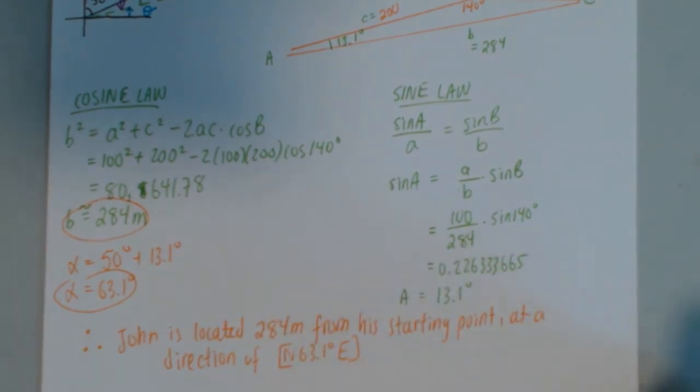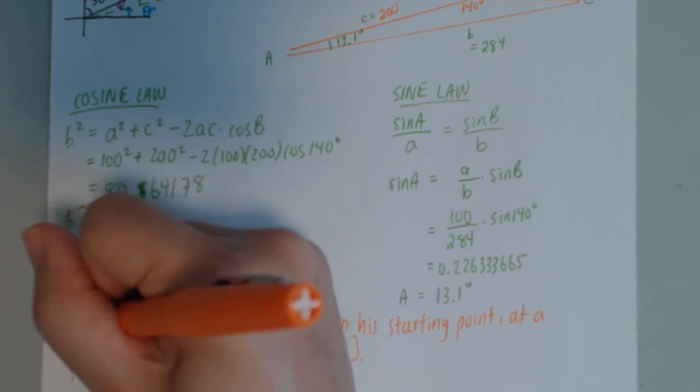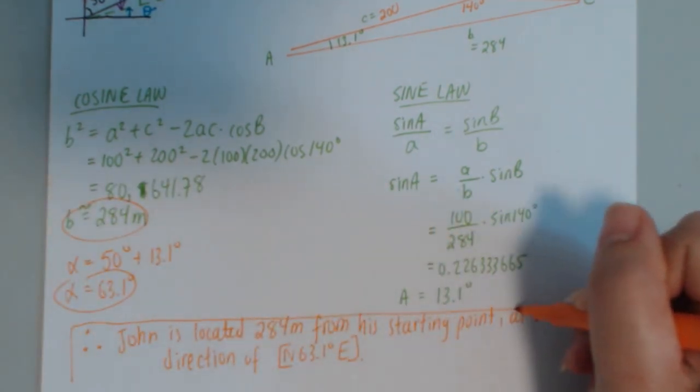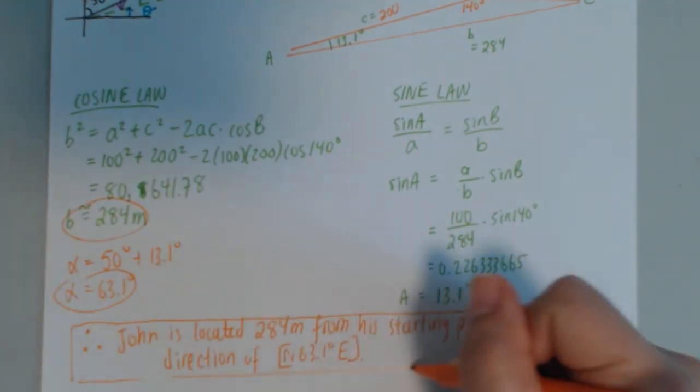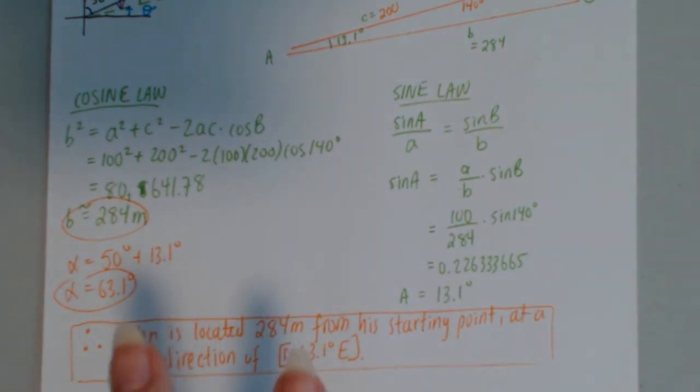If the question tells you you have to put it to one decimal place or it's specific about how precise your answer should be, follow the instructions in the question. Okay. Put your final answer in a box. That way we know what your final answer is. And there we have it.